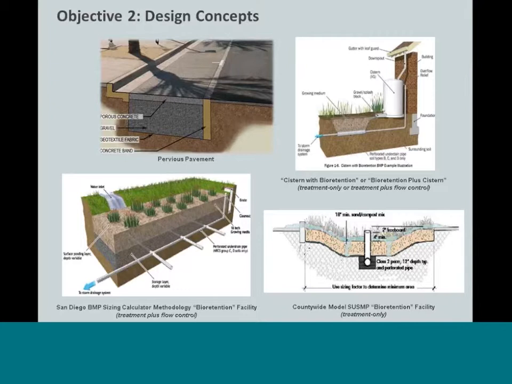So you're having a little surface volume storage, and then the bioretention soil mix layer, and then in this case, if you had a subdrain, your gravel would only be around the subdrain and not actually across the full bioretention facility. So moral to the story, there's a lot of different ways we're going to see bioretention facilities, and it's usually driven by whatever the stormwater permit or design criteria is for the local agency.